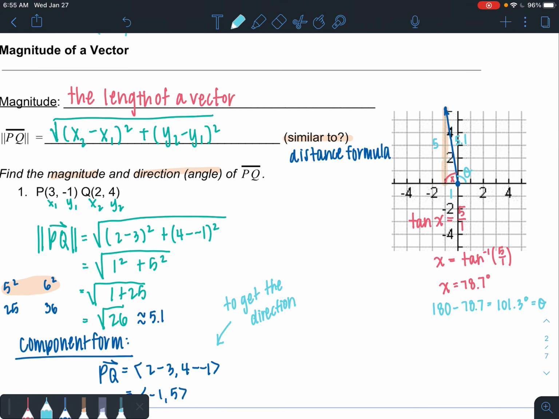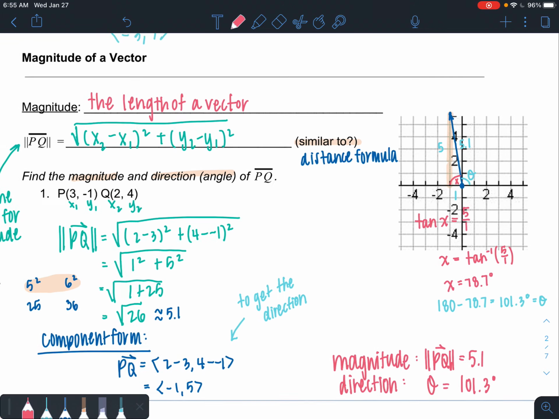Okay, so just to clarify, we've got that the magnitude of PQ is equal to 5.1, and the direction is theta equals 101.3 degrees.